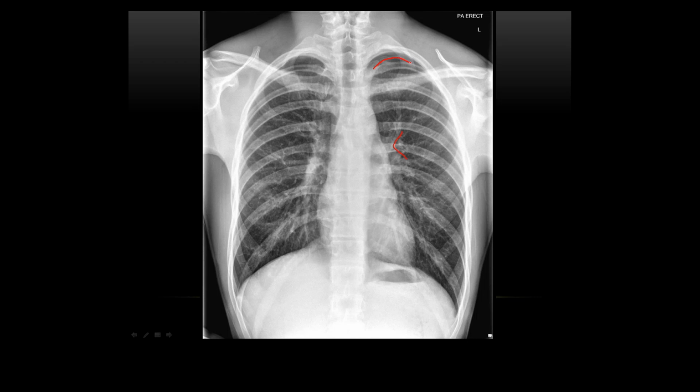You might see it come round, and in some cases it will come all the way down to the costophrenic recess. Then you want to measure the distance from the pleural line to the edge of the chest wall. If that measures more than 2.5 centimetres, that's when they'll start thinking about draining it.